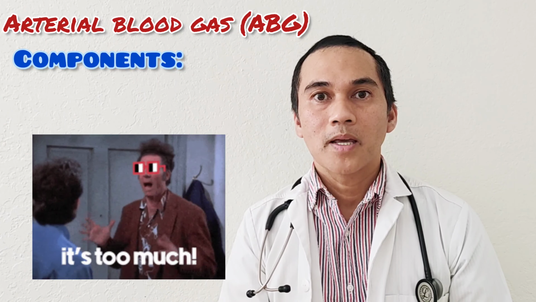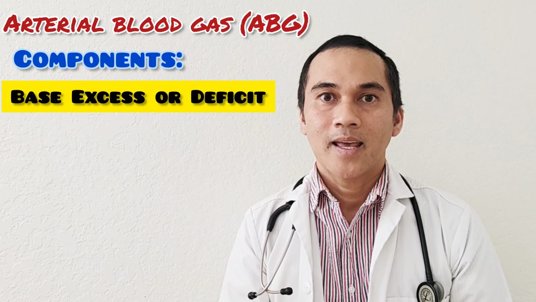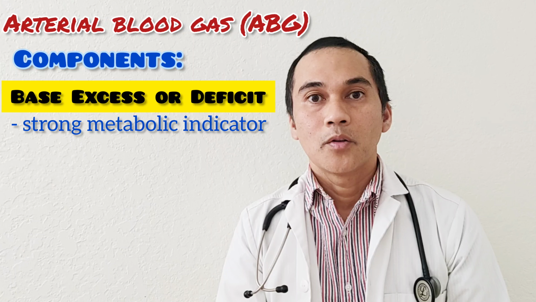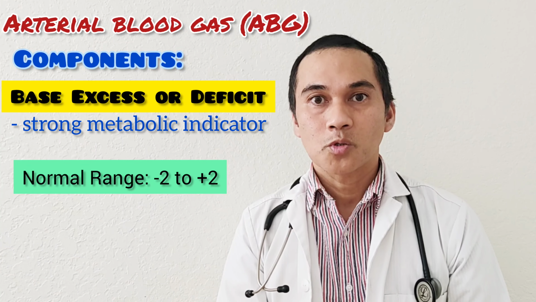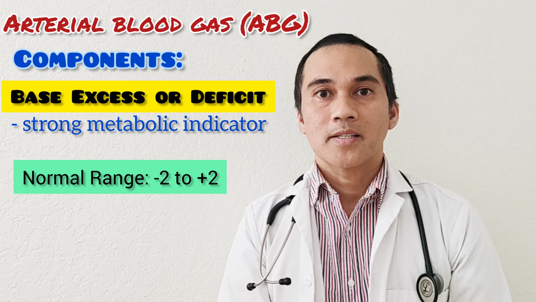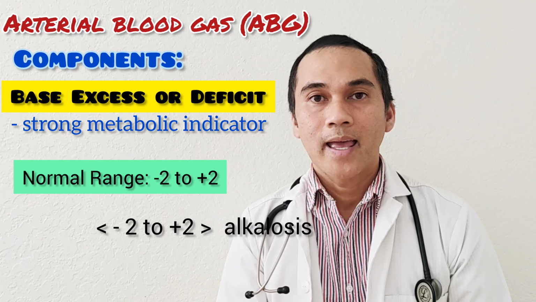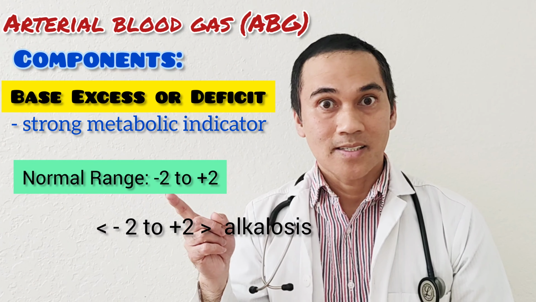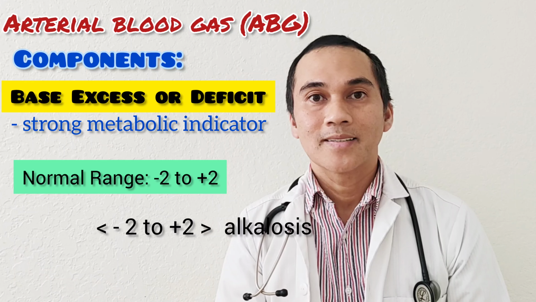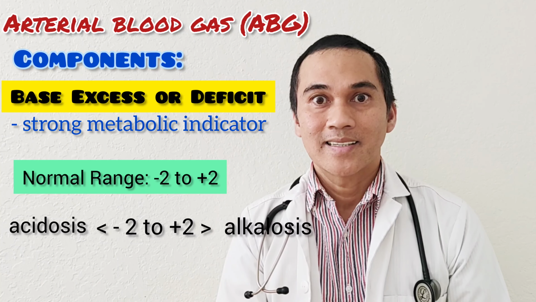And we also have the base excess or deficit, and that is a strong metabolic indicator. Normal is -2 to +2. So when it's above +2, that is metabolic alkalosis, and there's an excess, and if it's below -2, that is metabolic acidosis, and that is a deficit.